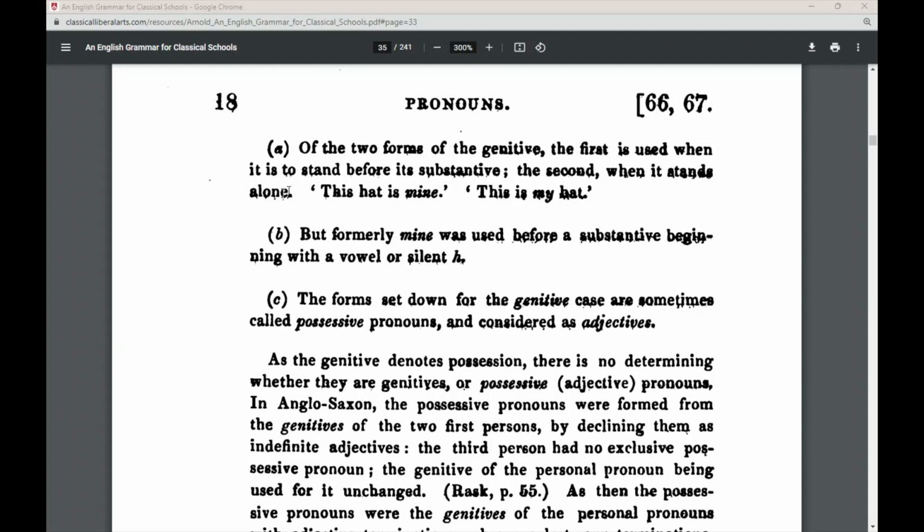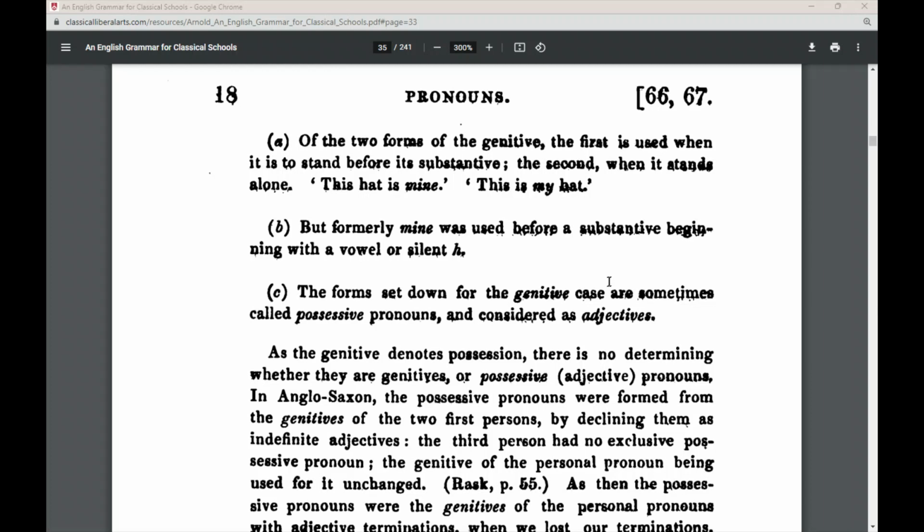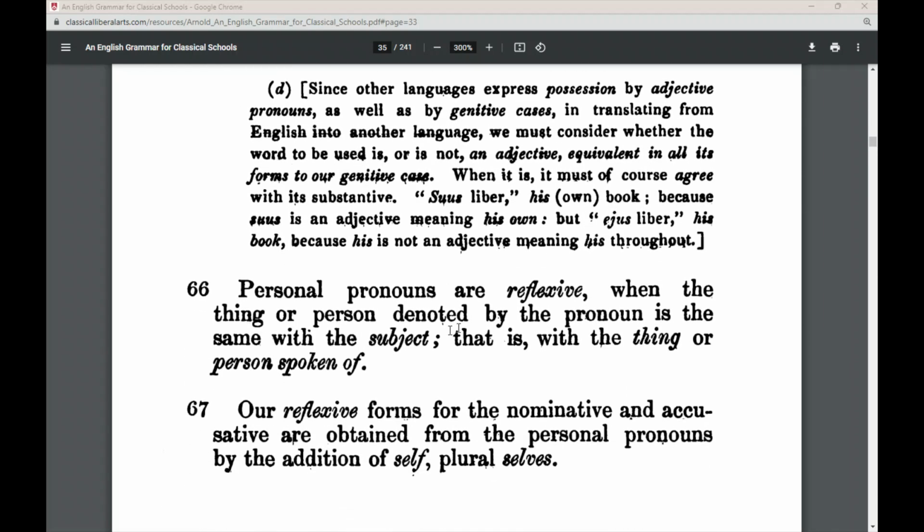In the grammar book, you'll always see these notes written in smaller print. It's good to read these notes, but sometimes they can become complicated, and it's better to come back to them later. So as you study the grammar book, make sure you always pay very careful attention to larger print, as we see down here at the bottom of the page. When we come to the next article, Article 66, you can see the font gets larger.